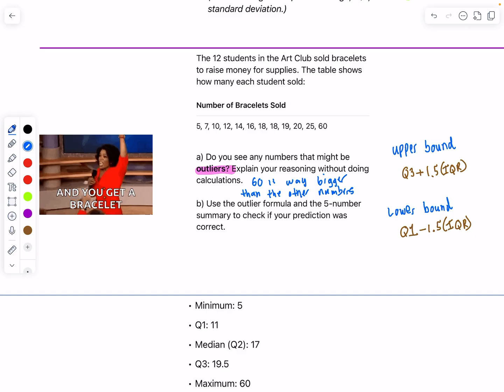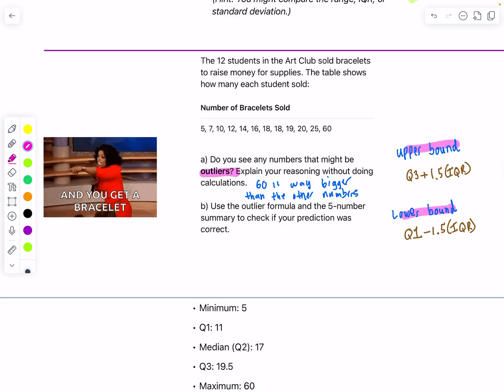And then it says, use the outlier formula, which we have here, and the 5-number summary to check if your prediction was correct.